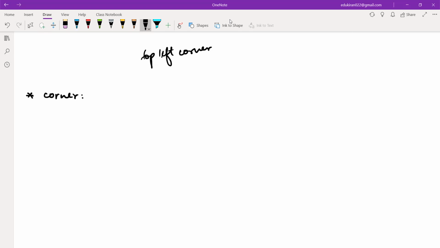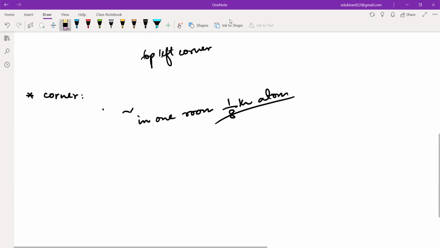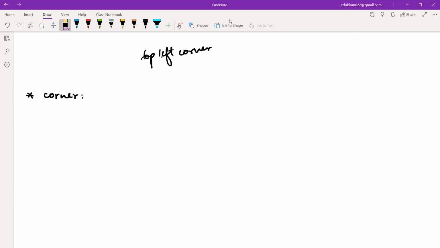Now, if the corner is present in 8 rooms, then an atom present at the corner will also be present in 8 rooms, yes or no? Yes, sir. Now, if an atom is present in 8 rooms, then in one room, 1/8 of the atom will be present. Okay, this is what you have to remember.